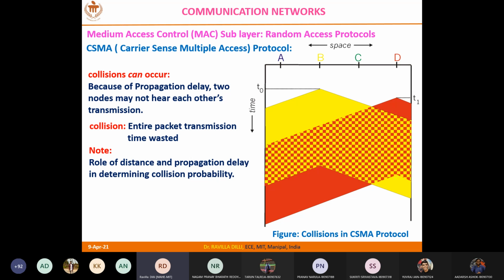However, both the frame bits collided. You can see the overlapped area. This area is the collision of the frame bits that belong to nodes B and D.